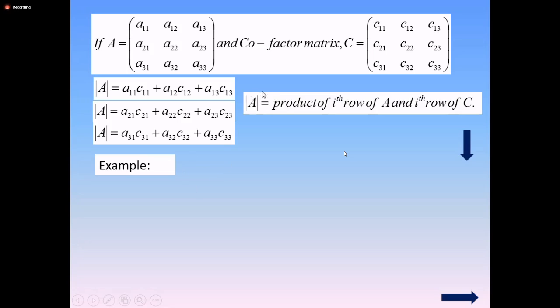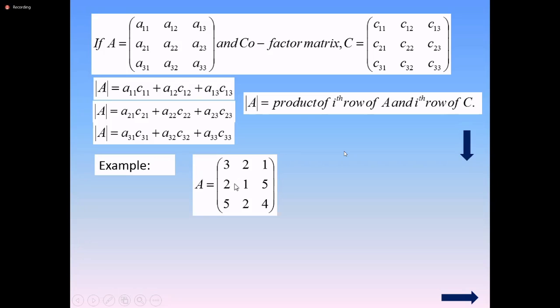The determinant value of a 3 by 3 matrix is the product of the ith row of A and the jth row of C. If A11 is there, multiply that by C11, and add them up.